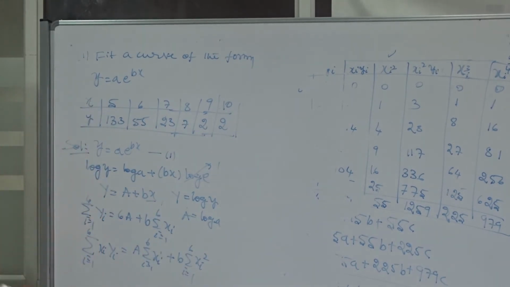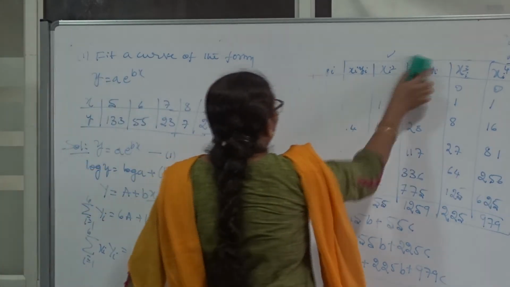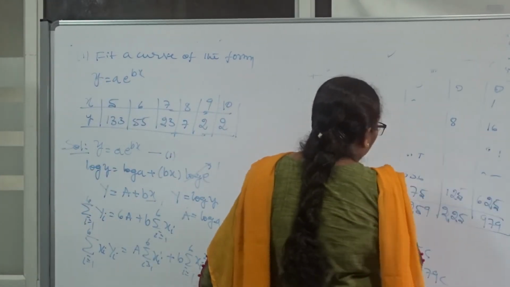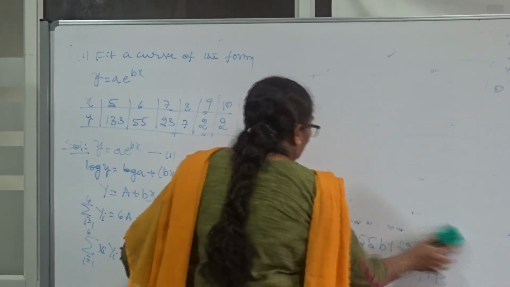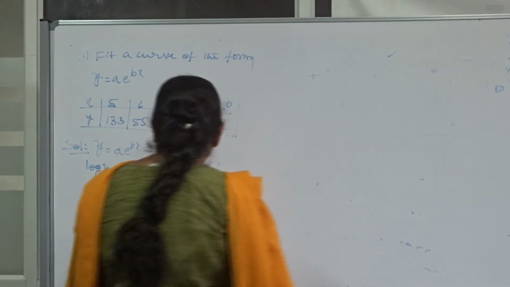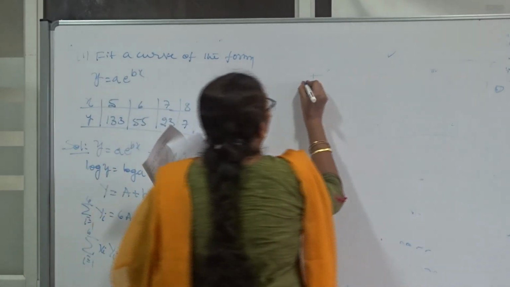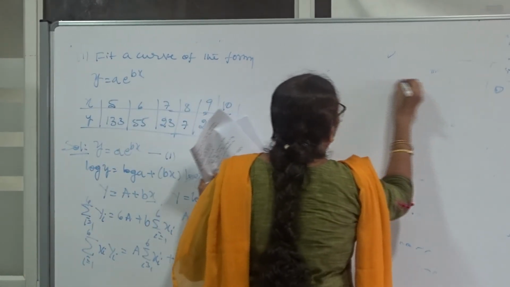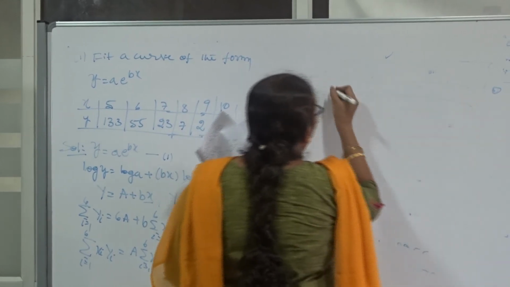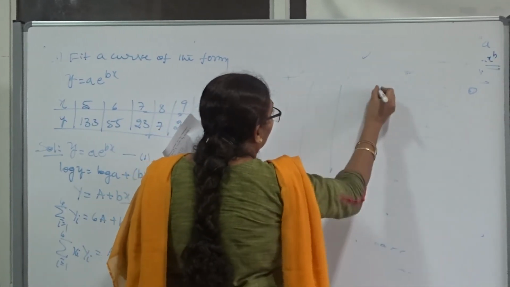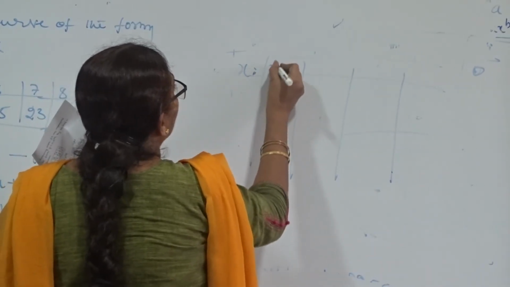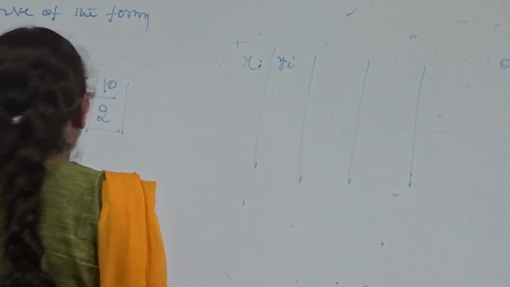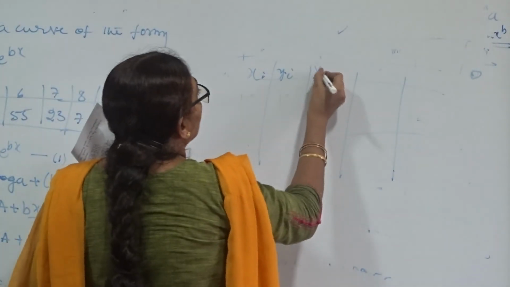Now these are the normal equations. What are the things we are expecting? We are going to find them in the table. In the table, x and y are the values already given. Next is capital Y. What is capital Y?